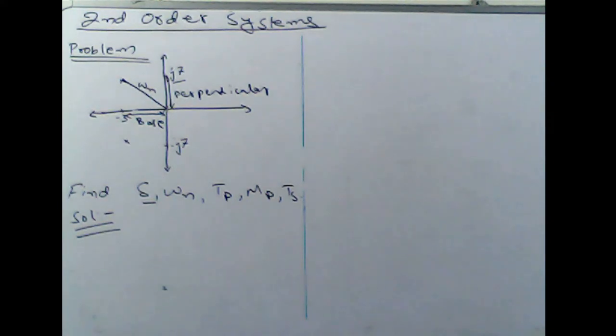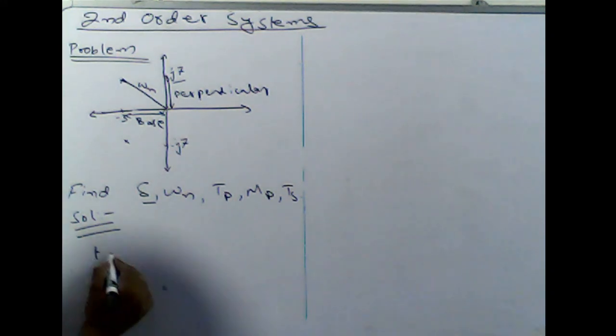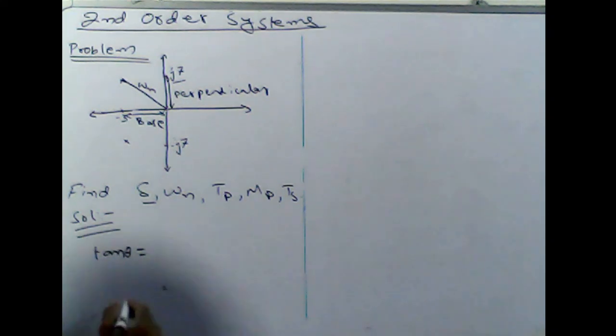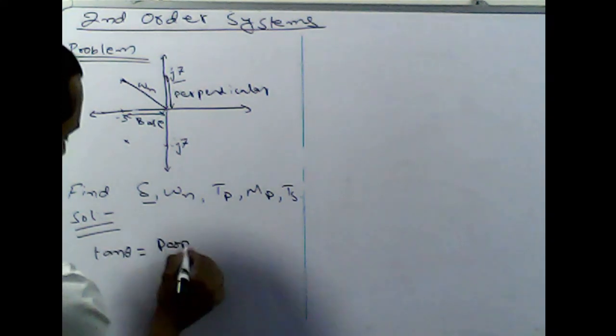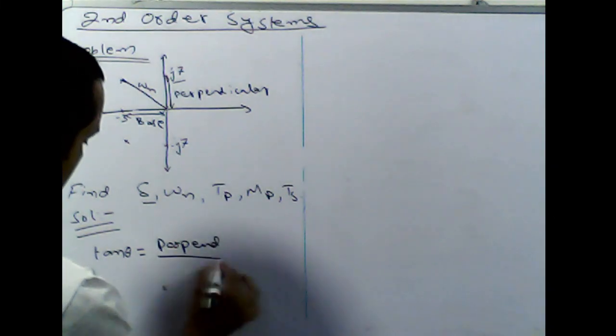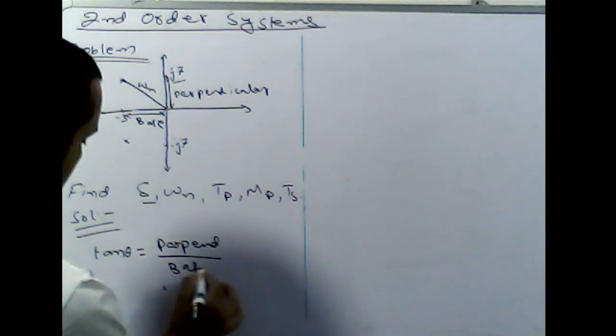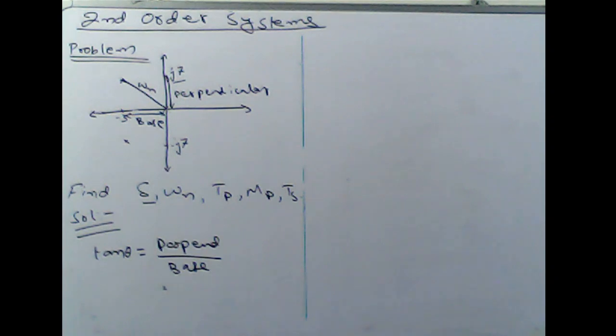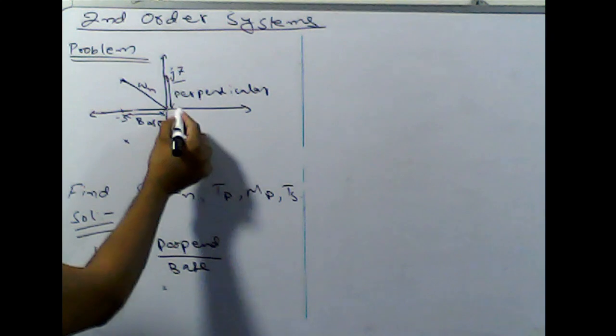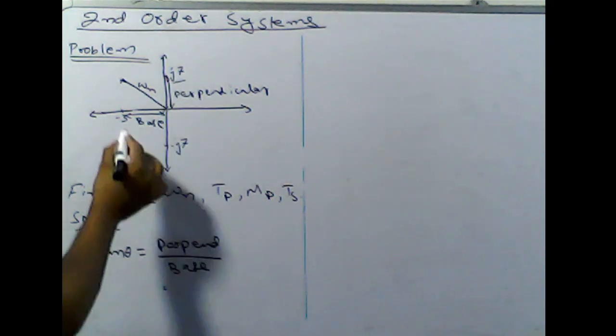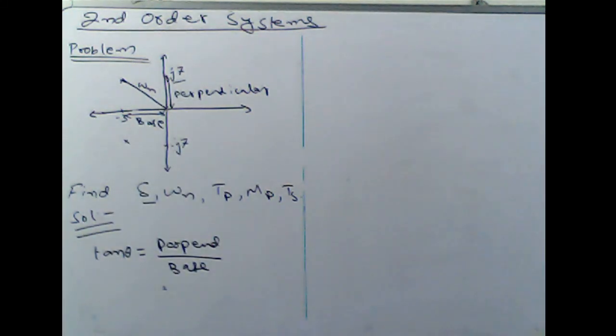Now we can simply use some trigonometric quantities. We know that tan of theta is equal to perpendicular upon base. Here the perpendicular is 7 and base is 3. So by putting the values of perpendicular and base, we can find out theta.